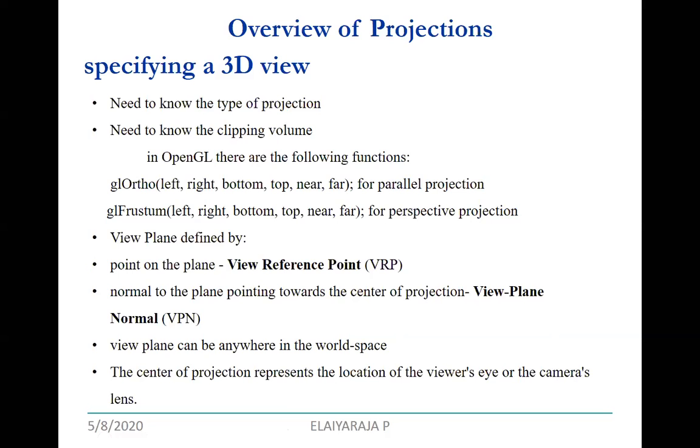Then further, you used to check through your viewing reference point and view plane normal coordinates. So how will you specify this through a program? You will specify using glOrtho for parallel projection and glFrustum for perspective projection.